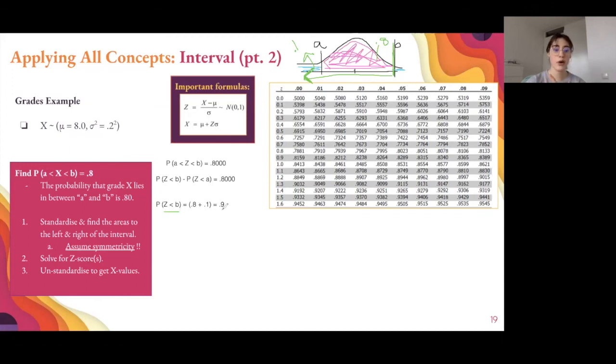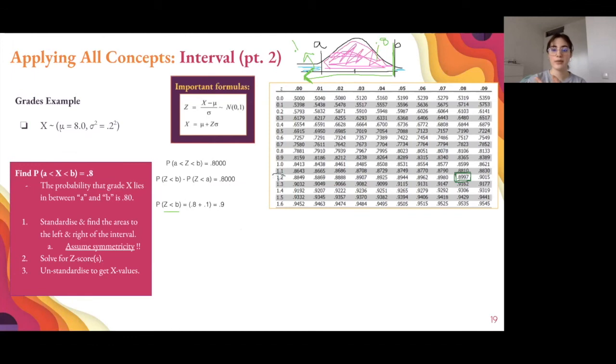And since we know that it's equal to 0.9, all we need to do now is look in the z-table for that probability. So we're looking for 0.9, or the value that is closest to 0.9. And if we do so, we see that 0.8997, here that I'm highlighting in dark green, is the value that is closest to 0.9.